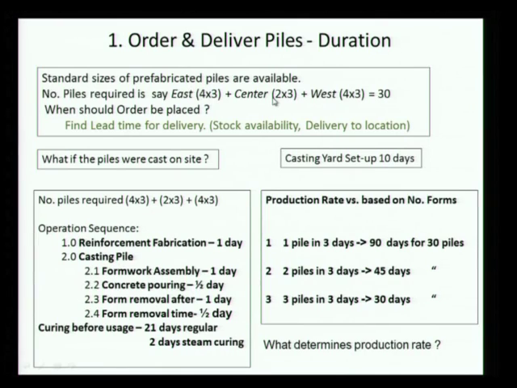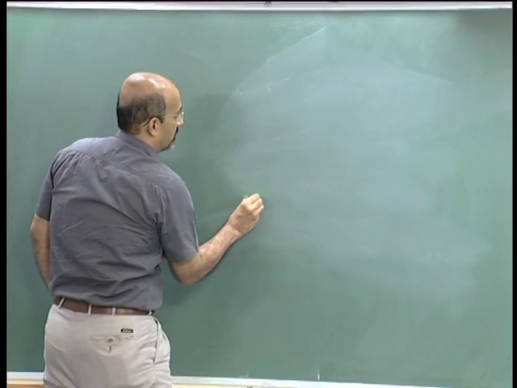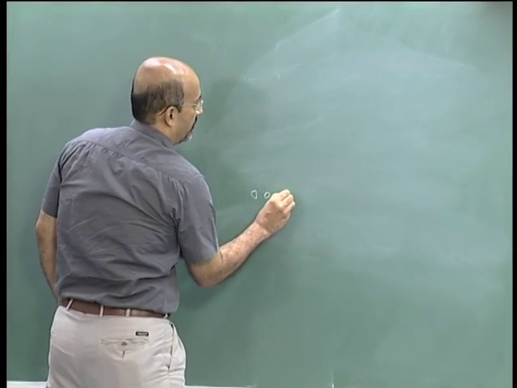So here we are saying there are 30 piles, because it's a relatively small bridge, and we are saying the pile group here is a 4 by 3, a 2 by 3, and a 4 by 3. If you want to interpret what this 4 by 3 and 2 by 3 is, we are assuming that the piles are in the form of a group, right? So you have 1, 2, 3, 4.